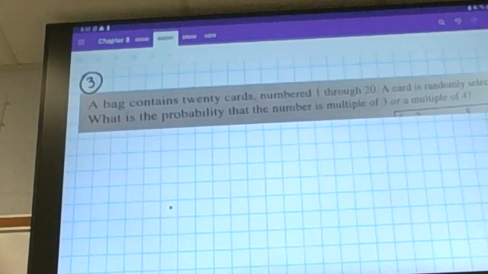Here we go. A bag contains 20 cards numbered 1 through 20. A card is randomly selected. What is the probability that the card is a multiple of 3 or a multiple of 4?